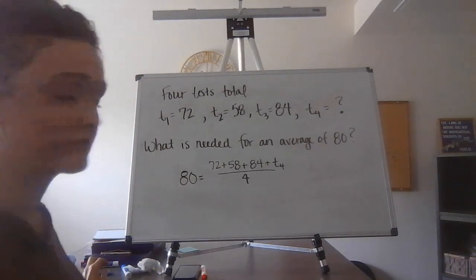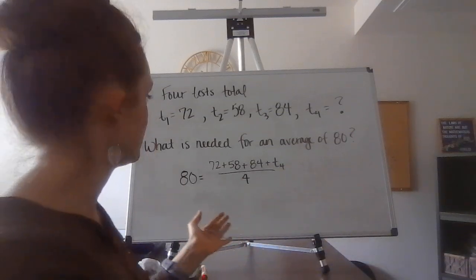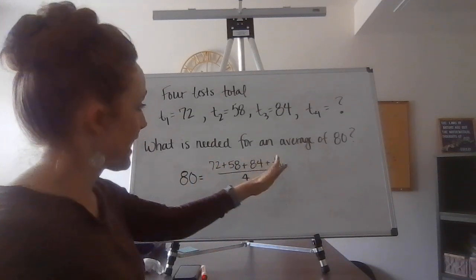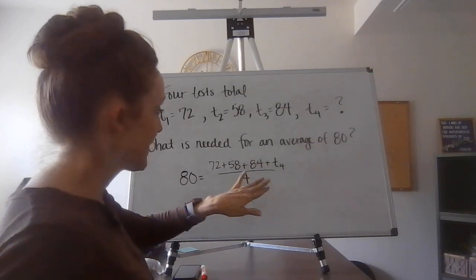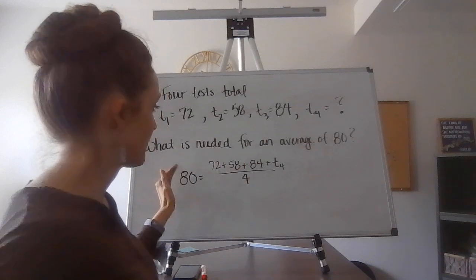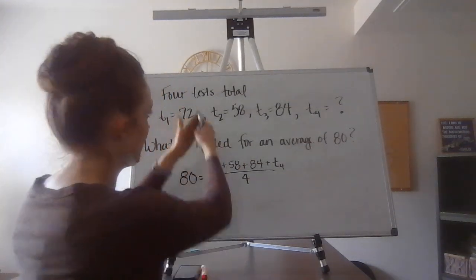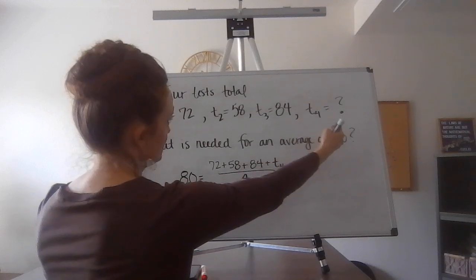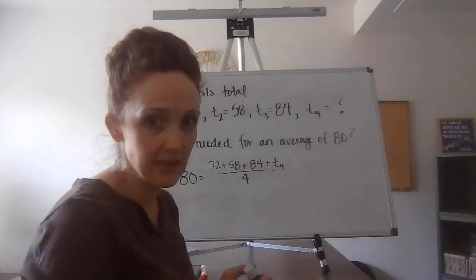This will reinforce this idea of a balancing out. Whatever we have for T4, for test 4, has to make it so that when we divide this sum by 4, we get 80. Another way to think about that is thinking about the sum of all of the values as if they were just 4 80s.